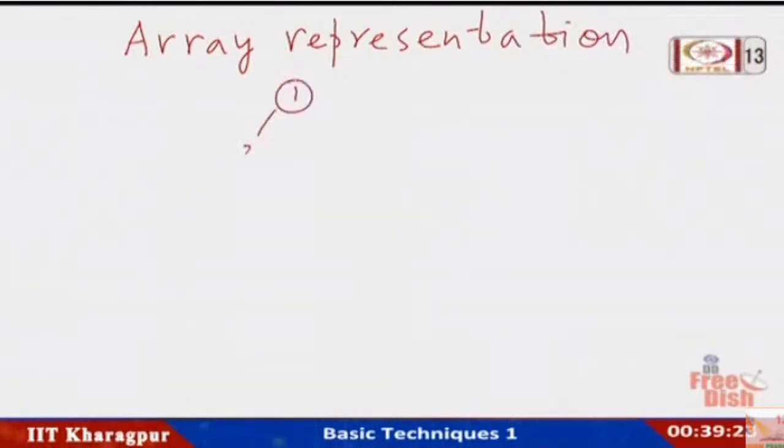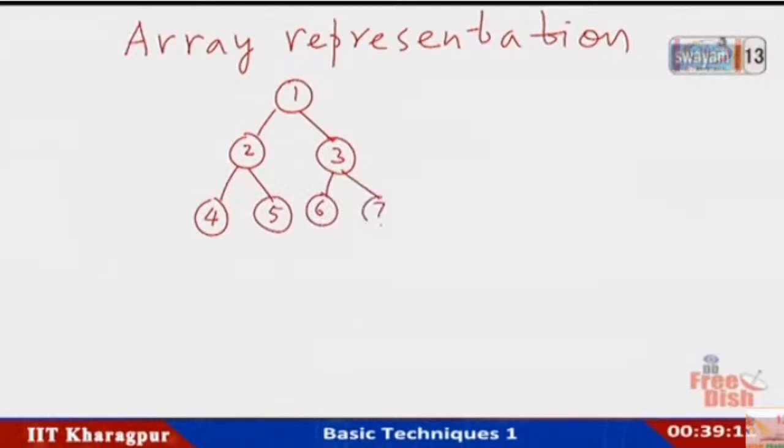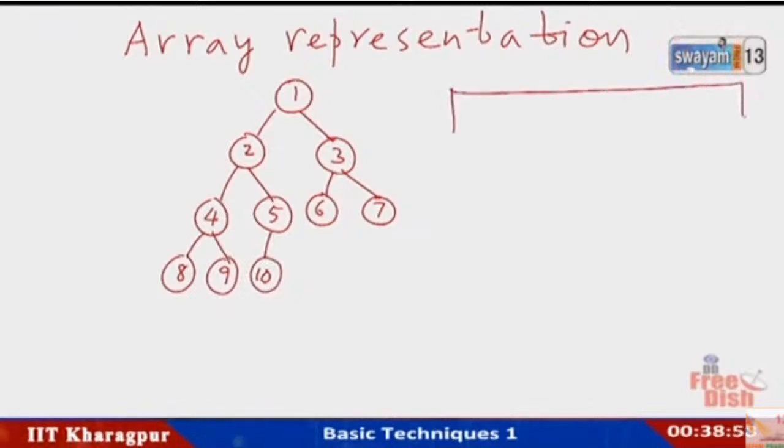For example, if you have a complete binary tree with nodes numbered in this fashion, with 10 nodes, these 10 nodes we can assume occupy consecutive positions in an array of size 10.